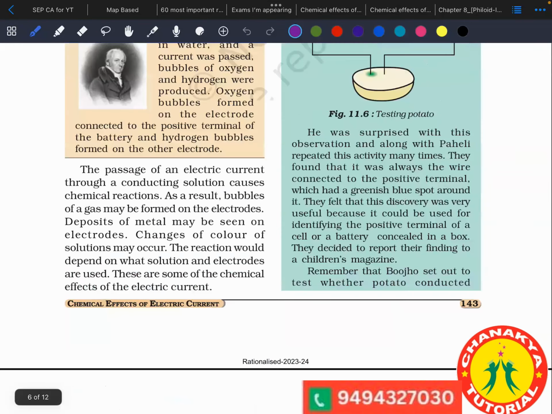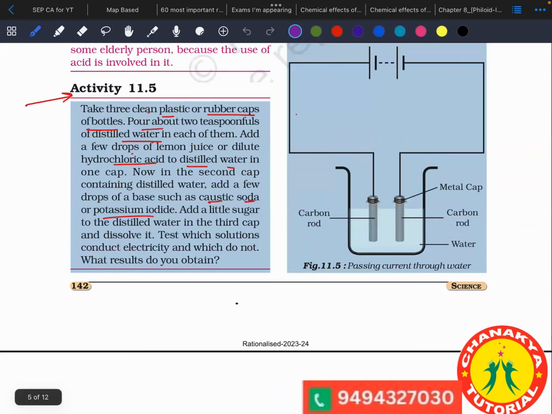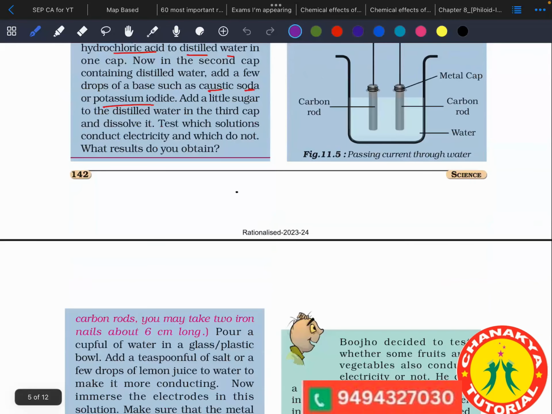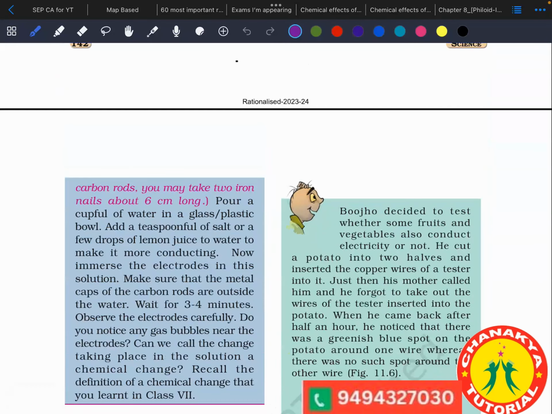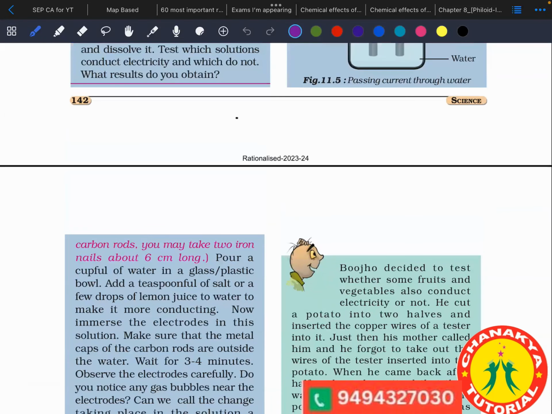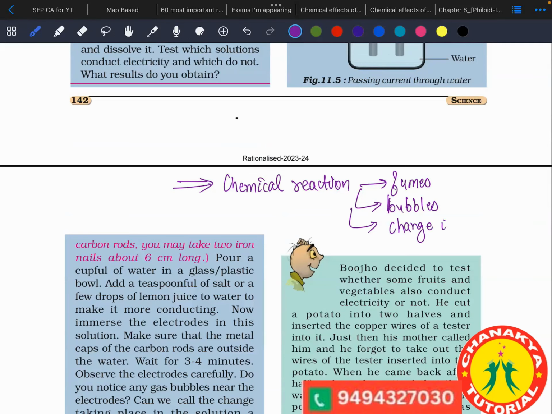Here we were discussing this reaction. How will you know if there is a chemical reaction or not? If there is a chemical reaction, there would be either fumes coming out, or bubbles coming out, or a change in color of the solution.